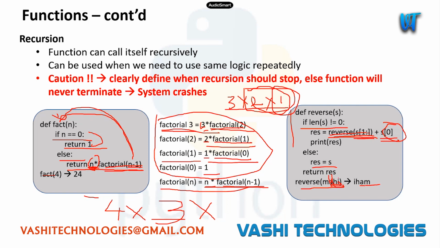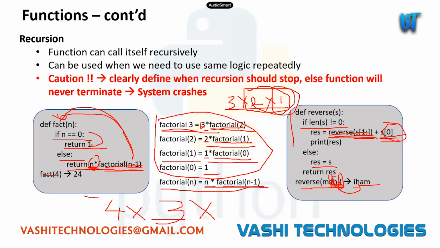When doing this with HI, s of 0 is now H, so it will append H and pass I as is, right? Now we have only this one element over here, so it will be passed as is, because in s of 1 we have nothing.